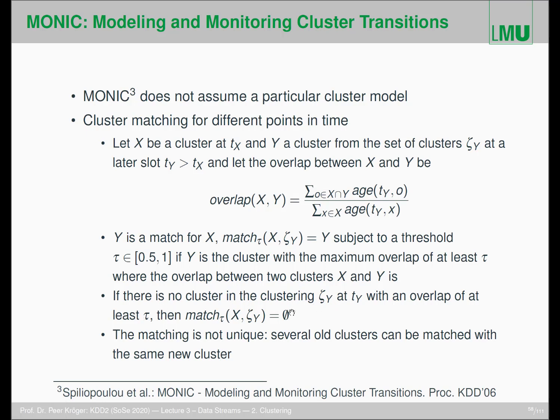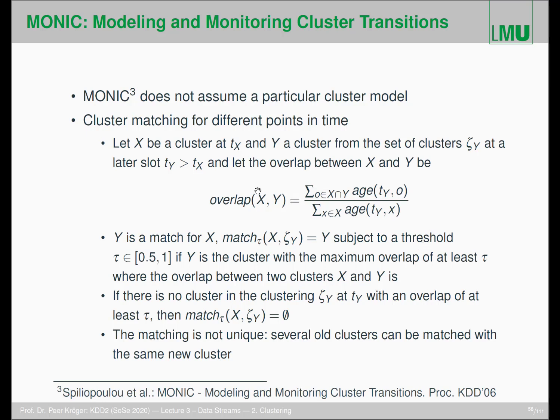So if there's no cluster in the clustering at time Y with an overlap of at least tau, then the match is empty, so X has no match. So the matching is not unique. Several old clusters can be matched with the same new cluster. So in this direction, it's not unique. So it's not surjective or injective, I'm sorry, not injective.